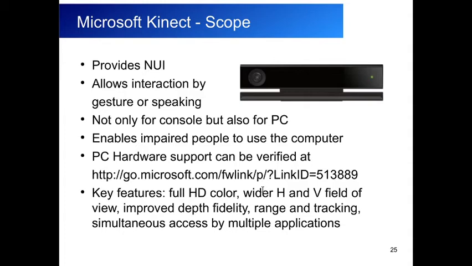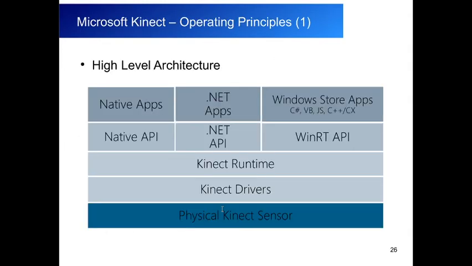So it's a very useful and powerful device that can also be accessed simultaneously by multiple applications by means of a connection to the server. So this is the high level architecture.